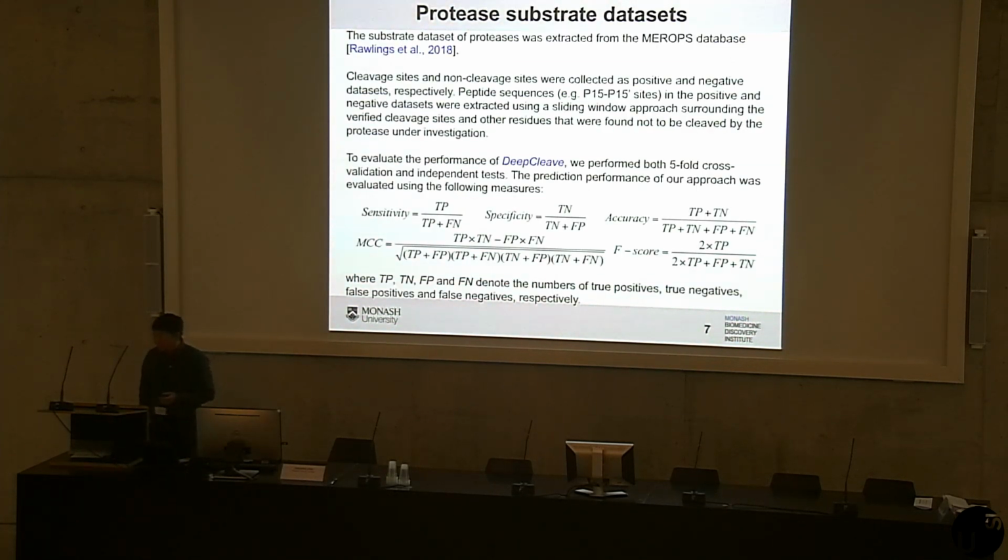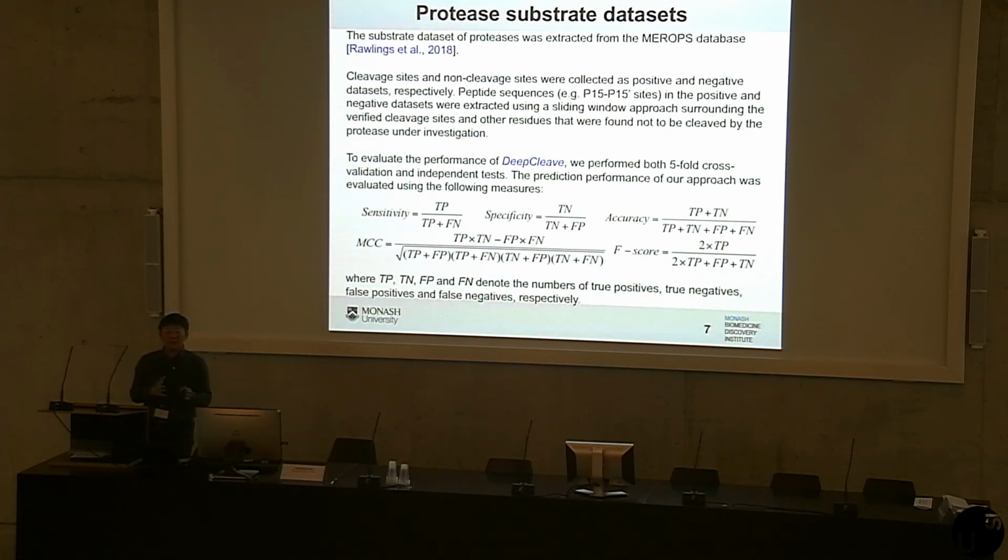For bioinformatics model assessment, normally we utilize a number of different measures. First, the substrate dataset of the proteins in this study is extracted from the MEROPS database. It's curated by a group from the European Bioinformatics Institute. It's the most important public resource providing annotations regarding proteases, substrates, and inhibitors. In order to generate a sequence-based machine learning model, we need to label the data.